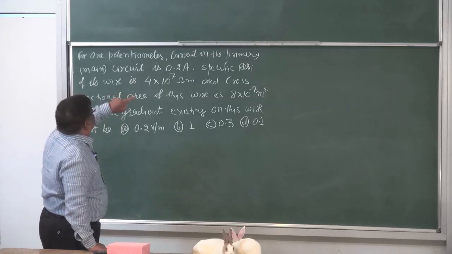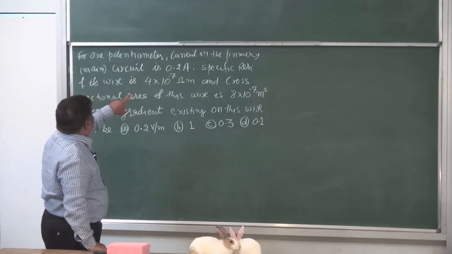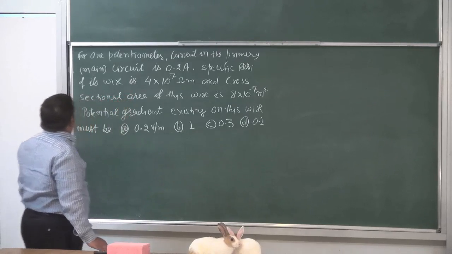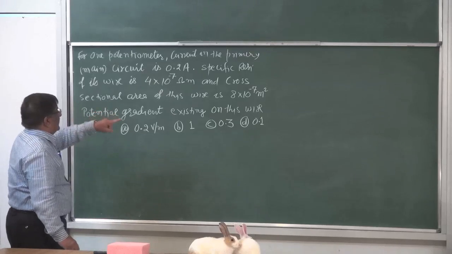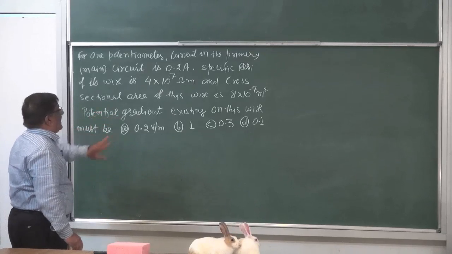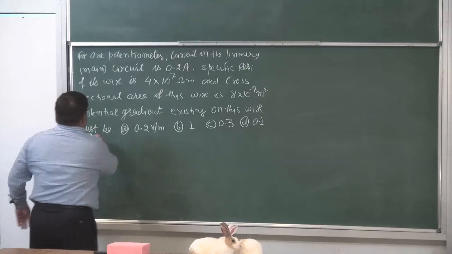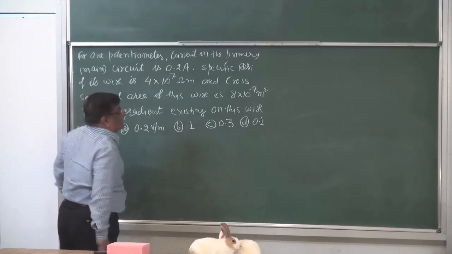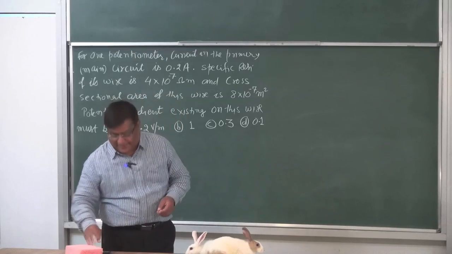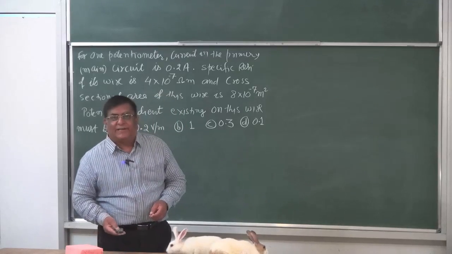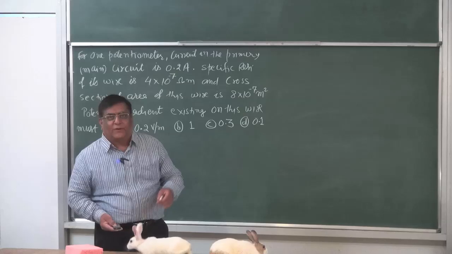Meter, current in the primary circuit is 0.2 ampere, specific resistance of wire is so much, cross section area is so much, potential gradient across the wire must be this. What we have to find out is potential gradient. What is the formula for potential gradient?